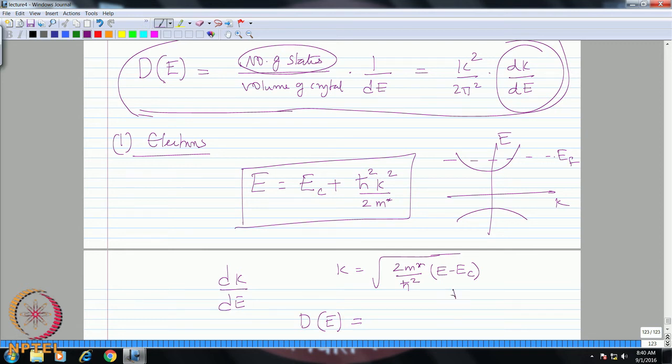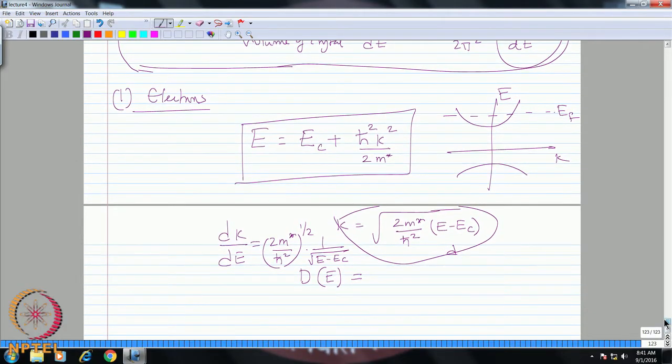So, what is your dk by dE? 2 m star by h bar square the whole to the power half, then 1 upon under root E minus E c. Okay. Also k can be substituted from this relationship, so that the density of states should be a function of only the energy E, not k.